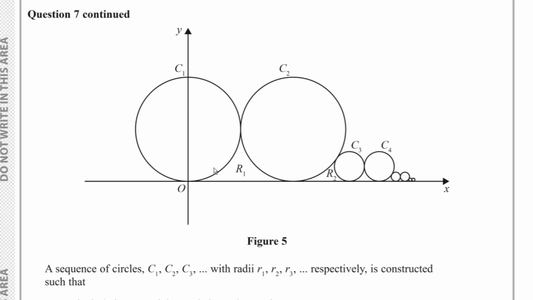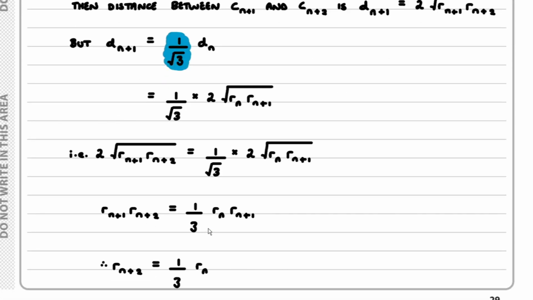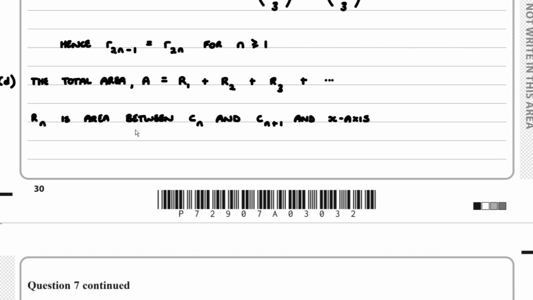And this goes on. So essentially what we have is a sort of continuous area which we need to work out. In other words, the total area will be given by R1 plus R2 plus R3, etc. Rn is the area between Cn and Cn plus 1 on the x-axis, and we know for the radii we've got 1, 1, that's R1, R2, 1/3, 1/3, that's R3 and R4, and we can continue.